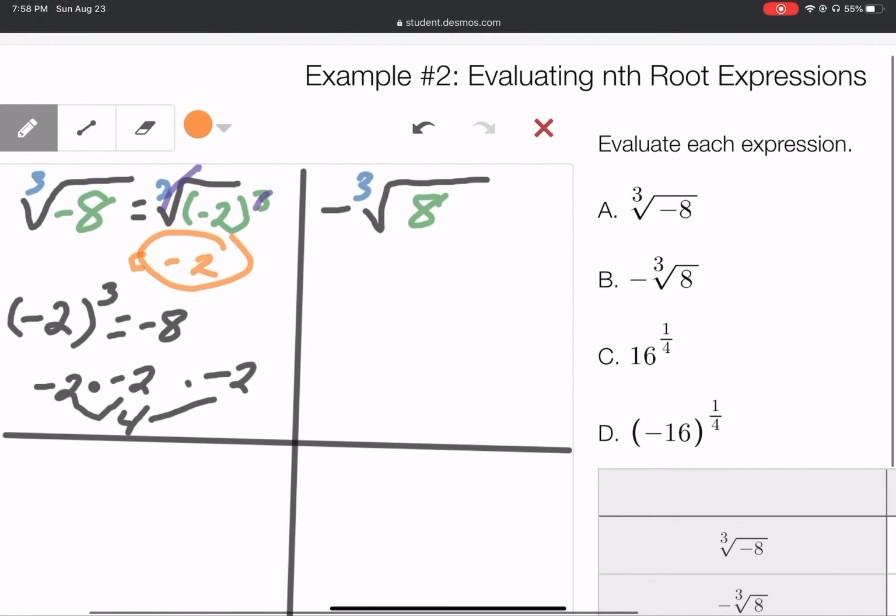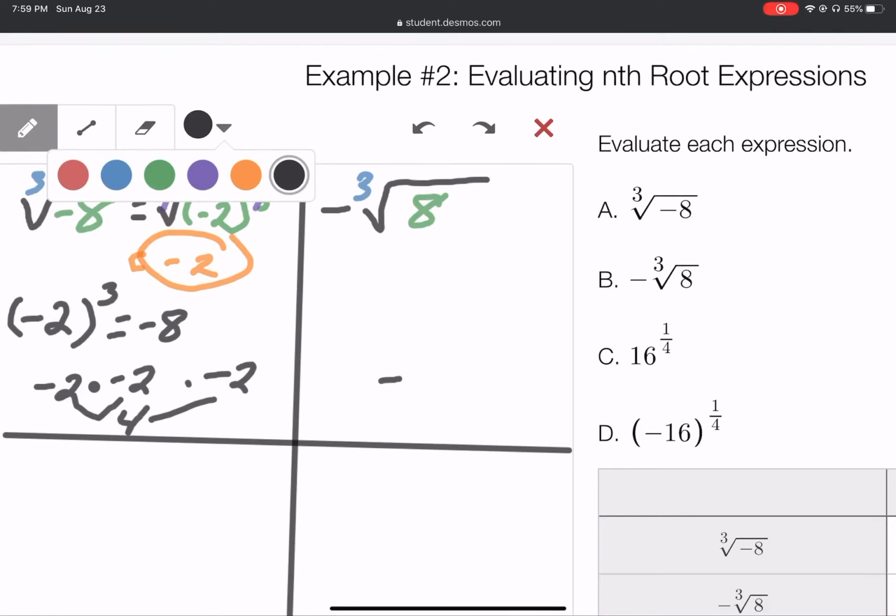Okay, now this one is very similar. The only difference is that this negative sign, because it's outside of the radical, we're already going to carry that down to the answer. So I'm going to say my answer is going to be negative something. And just like this one, we know that it's going to be 2 as well.